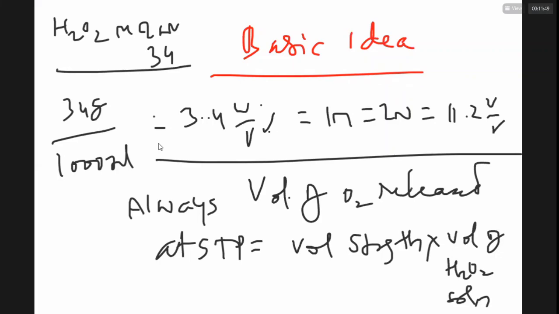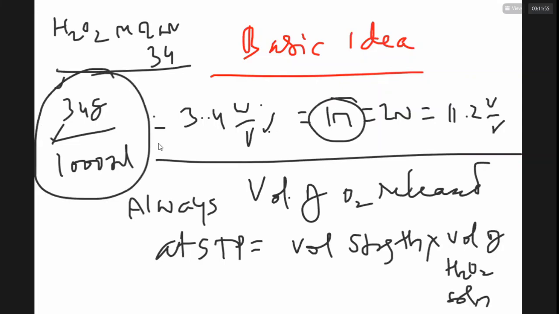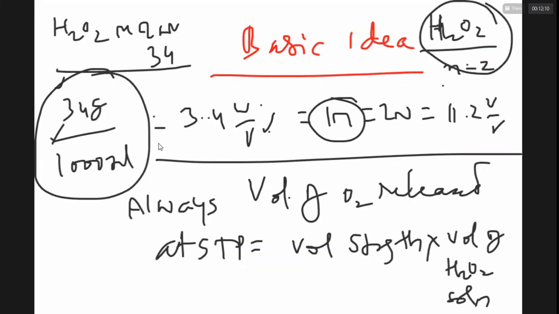When one molecular weight is dissolved in 1000 ml or 1 liter, I get a 1 molar solution. Because H2O2 is an acid that gives 2H plus, the N factor of H2O2 is 2, and molarity into N factor is normality.